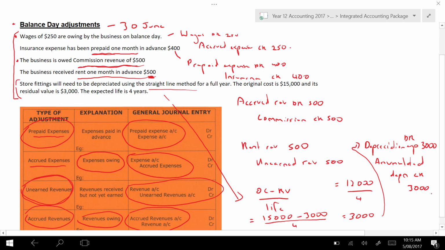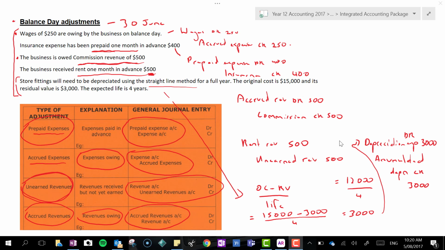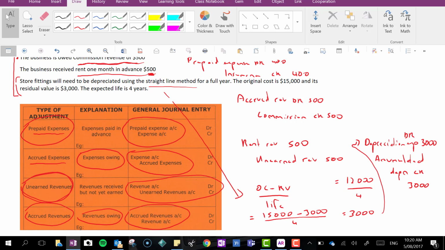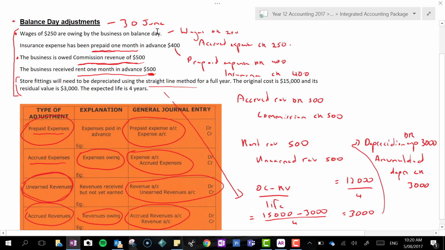That's on the store fittings. What we now need to do is process these transactions in our MYOB. So this first one here, this journal entry, this journal entry, this journal entry, and this journal entry here.